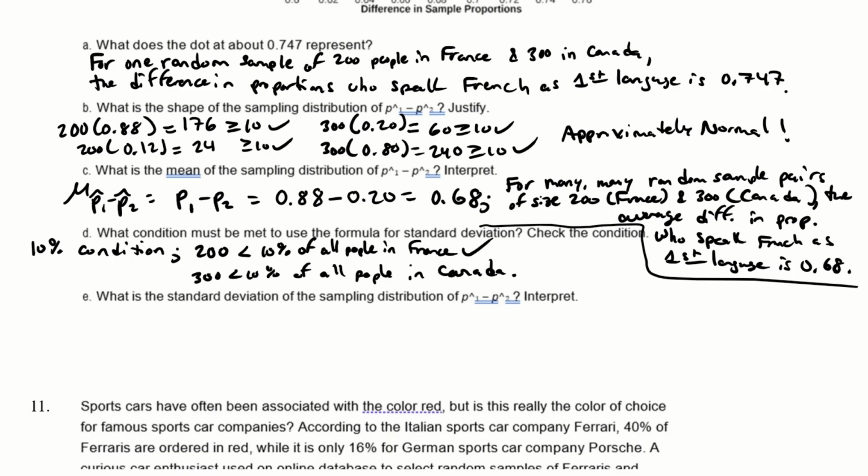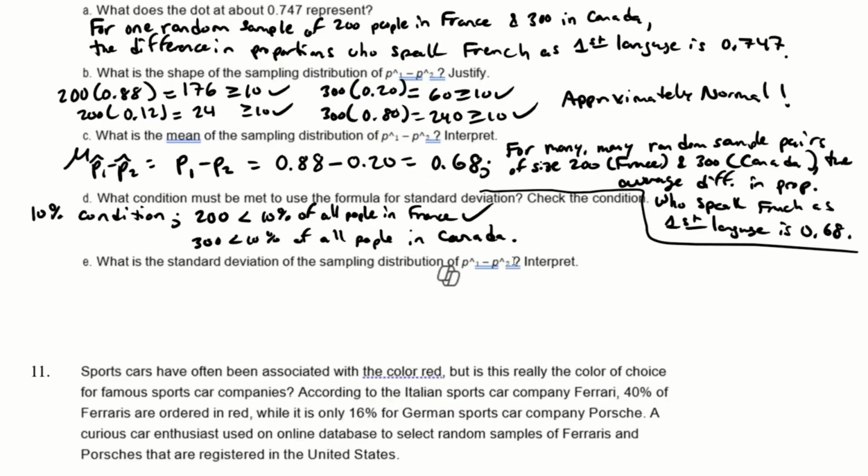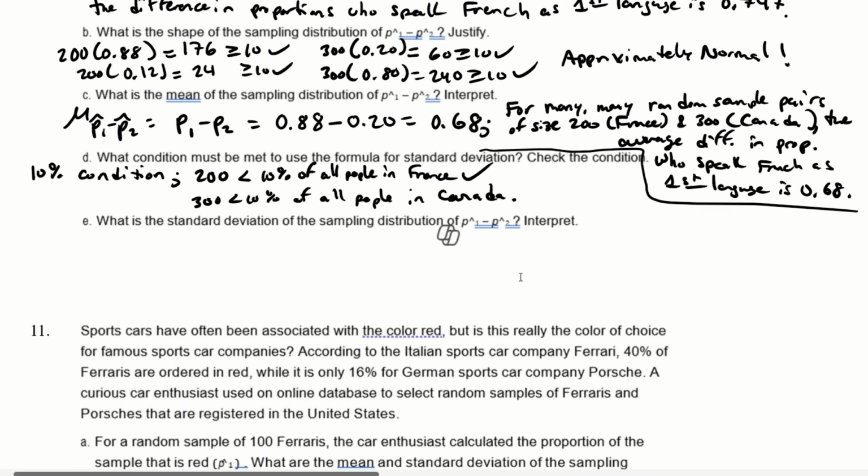Okay, so what is the standard deviation of the sampling distribution of p hat 1 minus p hat 2? Interpret. Okay, so let's calculate that. The formula for that is the square root of p1, 1 minus p1 over n1, plus p2, 1 minus p2 over n2.